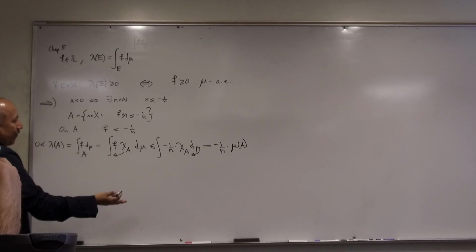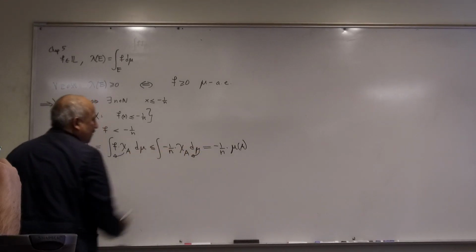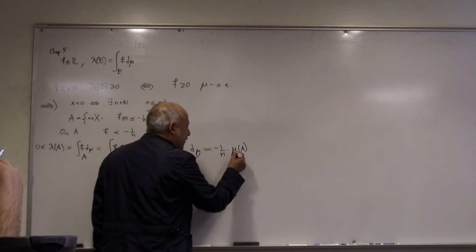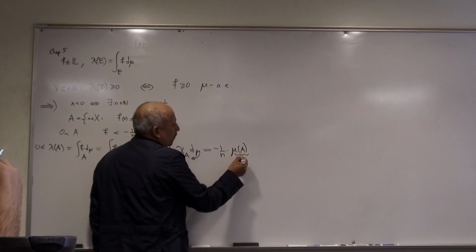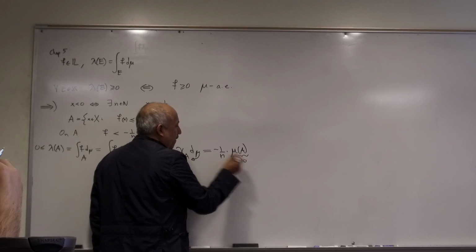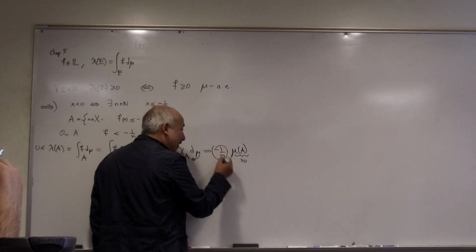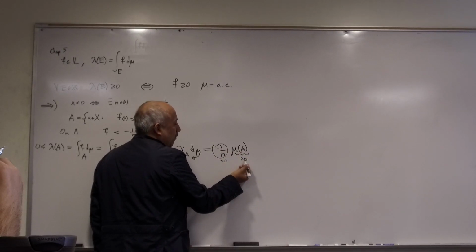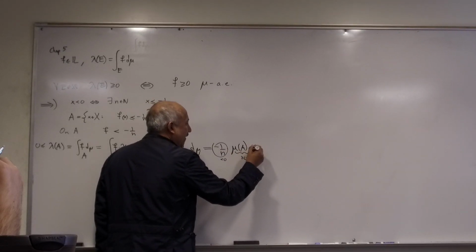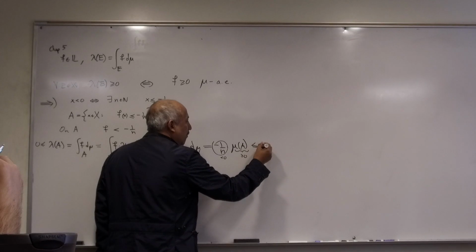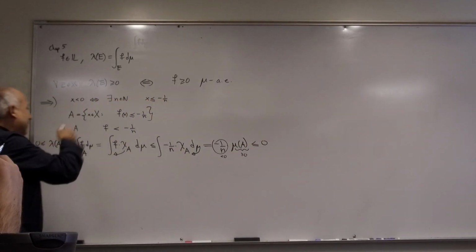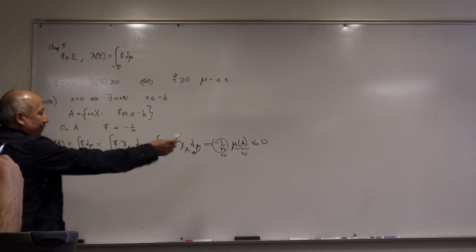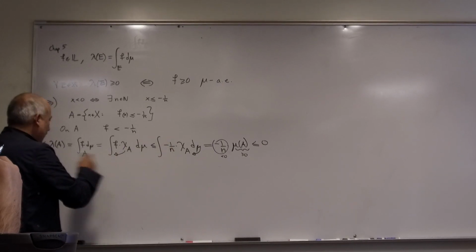But this other side is -1 over n times the measure of A, which is less than or equal to 0, since you multiply a positive number by a negative number. So by the squeeze theorem, everything is 0.